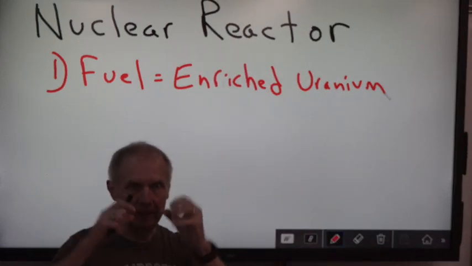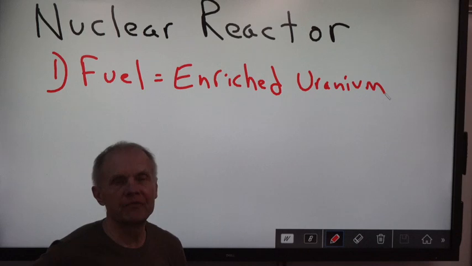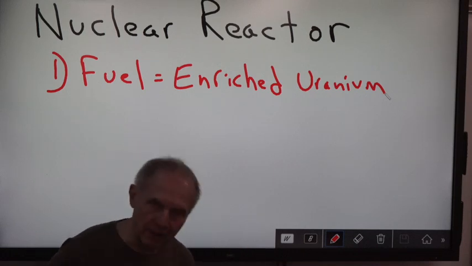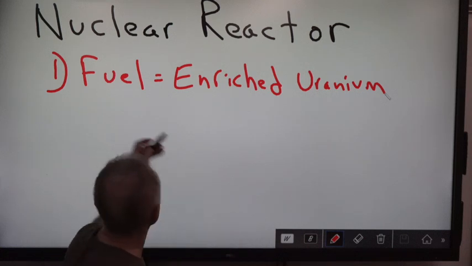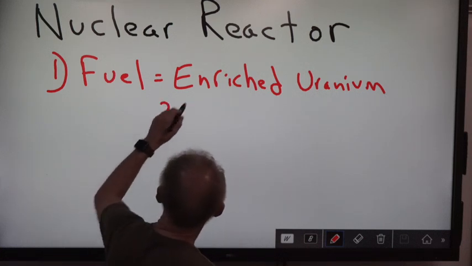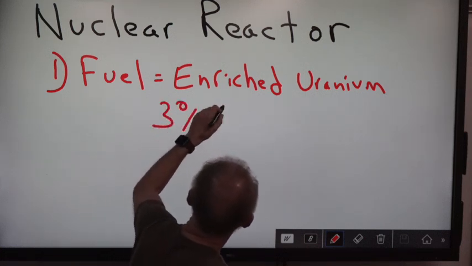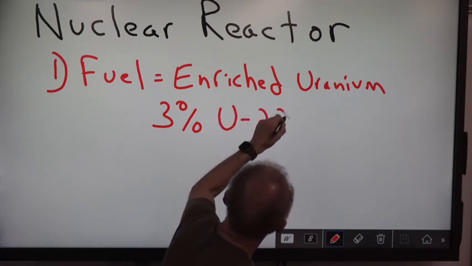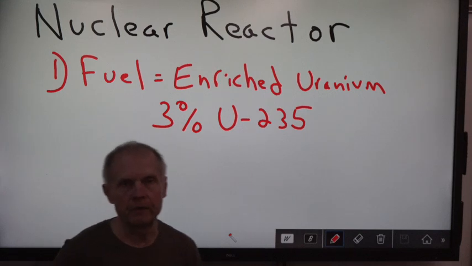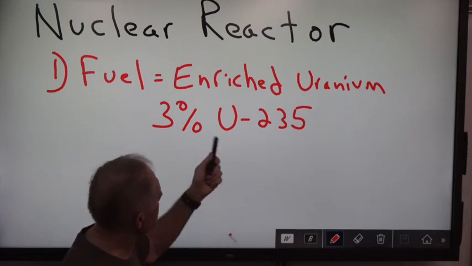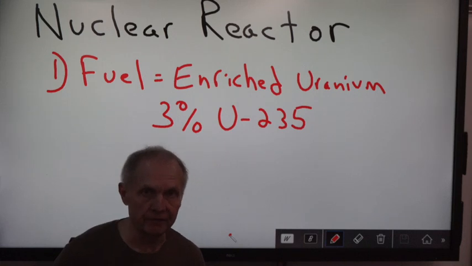They're about like that big. And these uranium fuel pellets are made of enriched uranium, which means it's not 0.7%, it's this. So, the enriched uranium that they use in nuclear reactors is 3% uranium-235.